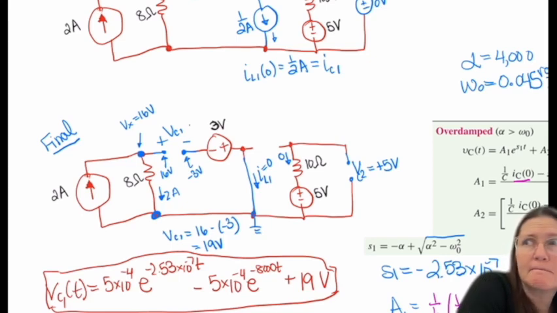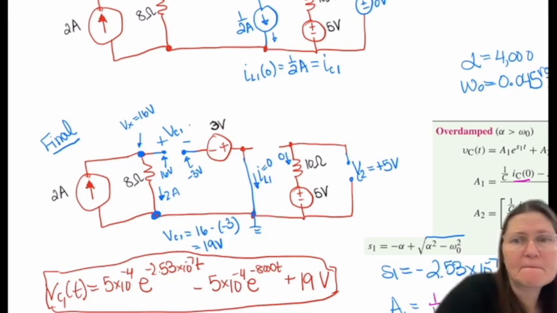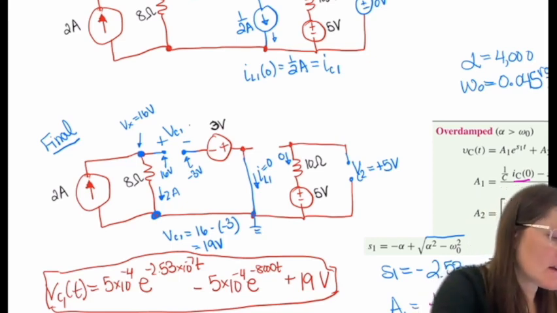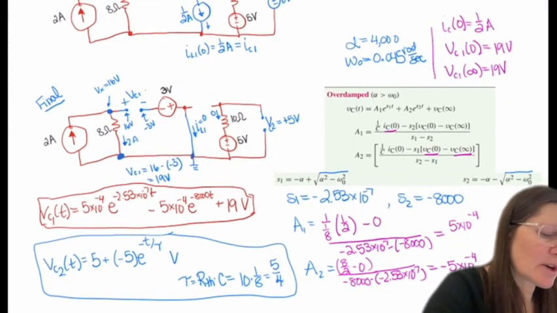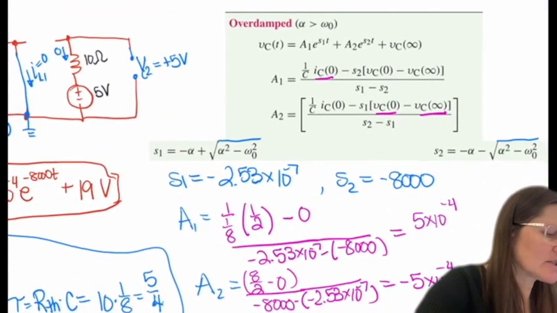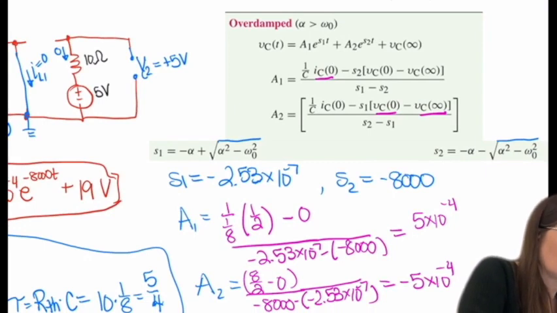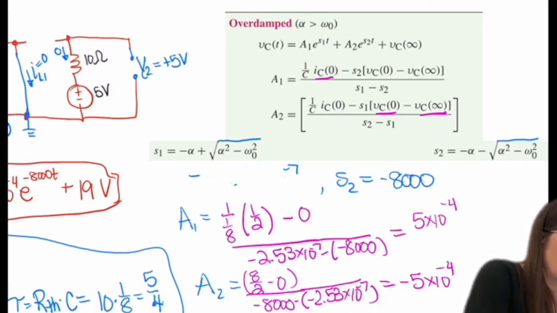Do you guys see that? Okay. And then using the overdamped equation set, I need S1 and S2. So these are going to be wrong, since my other values are wrong.